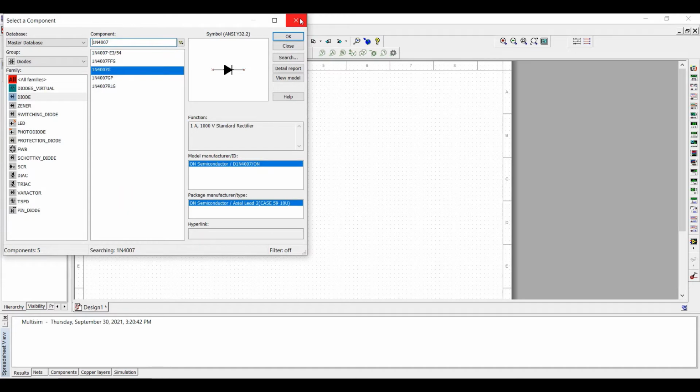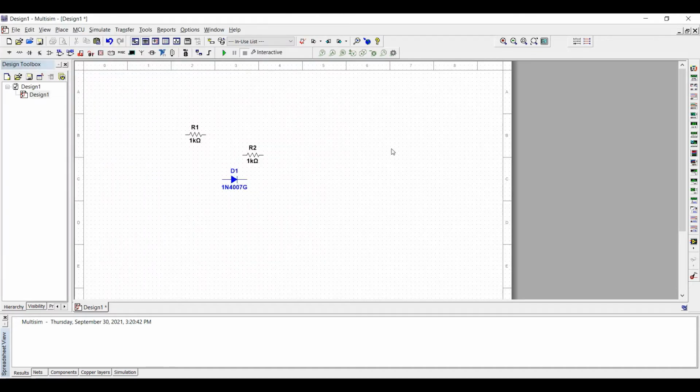The other component is you need to give the input signal. The input signal is given through the function generator. So on the right hand panel, you will see all the measuring devices, which will have a multimeter, then a function generator, then a wattmeter, oscilloscope. So we need to give the input from the function generator.